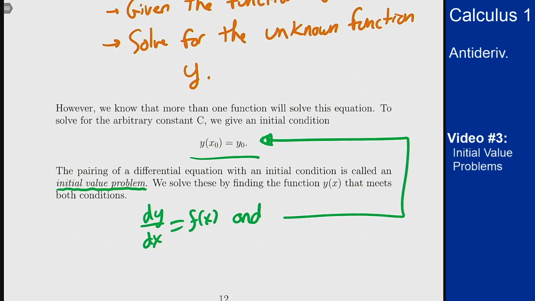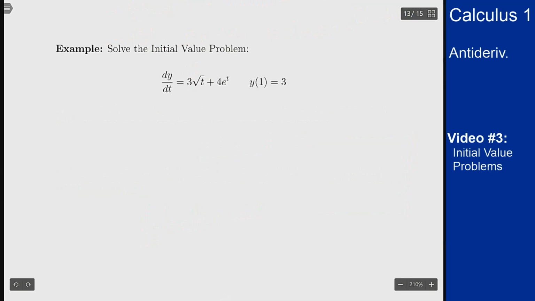Let's see an example of what this might look like. I want to solve the following initial value problem: dy/dt is 3 square root of t plus 4e to the t, and y of 1 is 3. So let's start by finding the general antiderivative for this function, because my function's derivative needs to be equal to 3 root t plus 4e to the t.